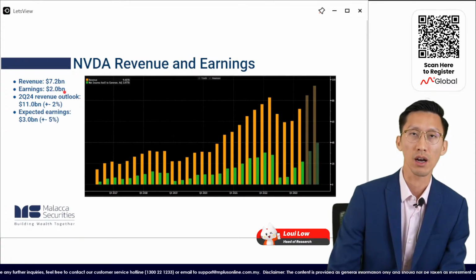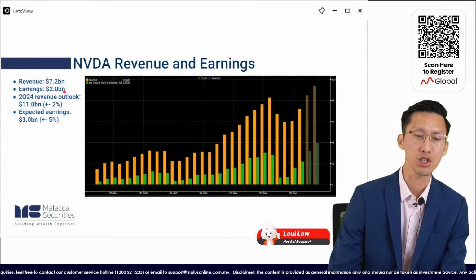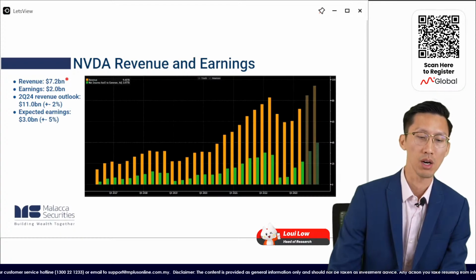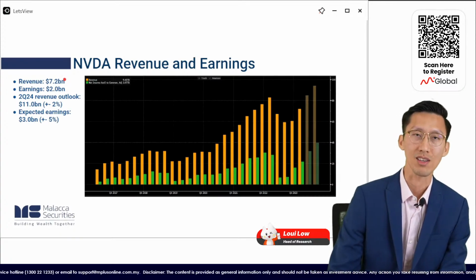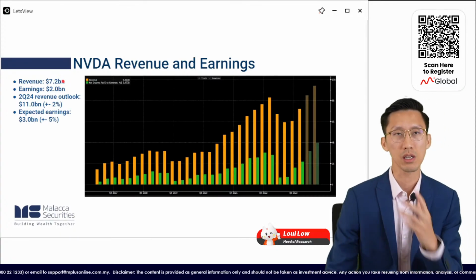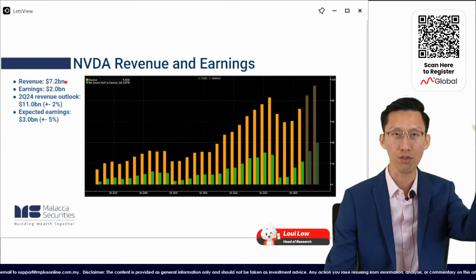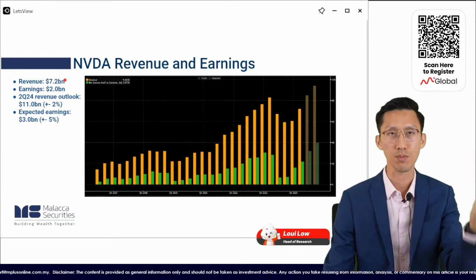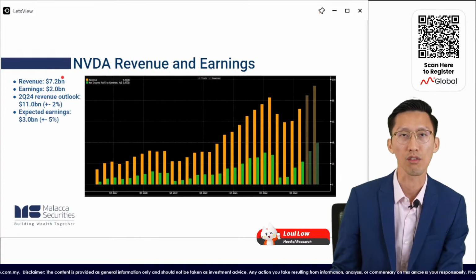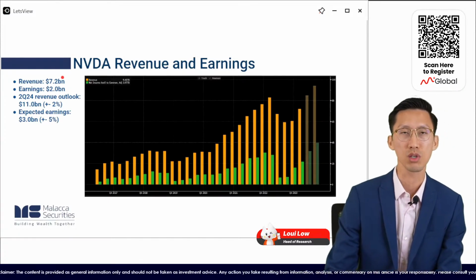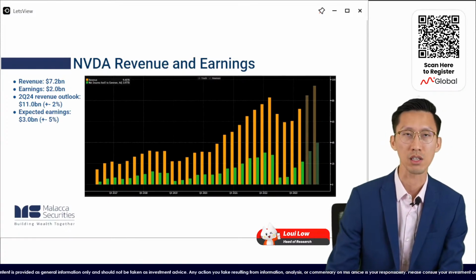Basically, their net income margin, earnings divided by revenue, is actually 27%, 28%. So going forward, if you are looking at the expectation or the outlook of Nvidia, you should also be using about 25 to 27% net income margin.